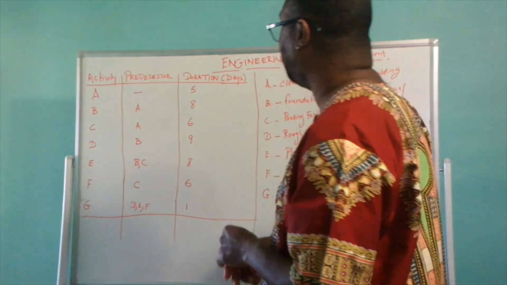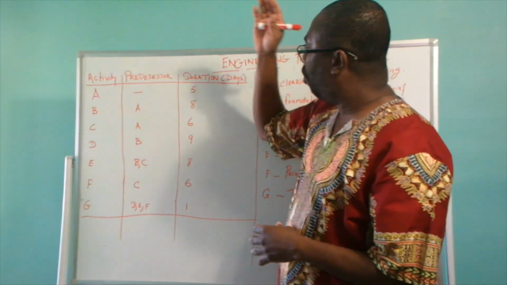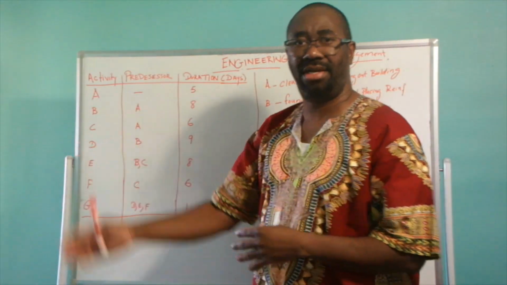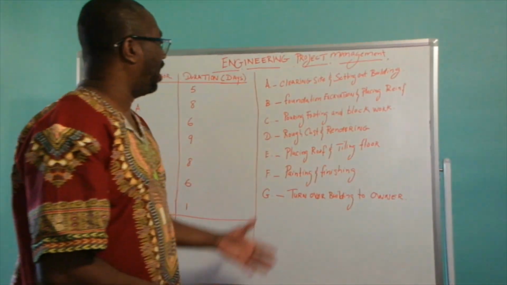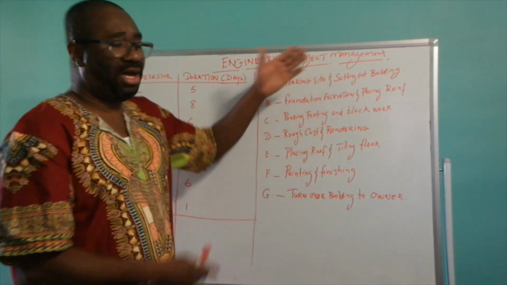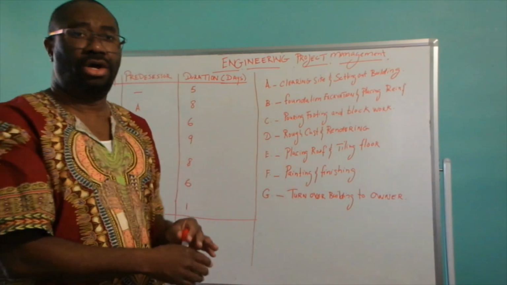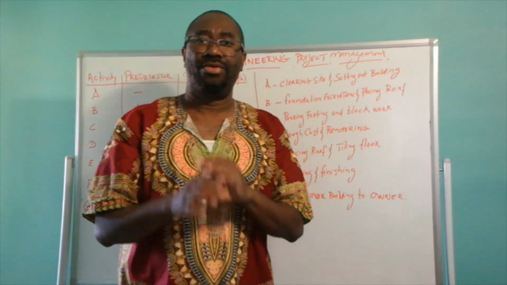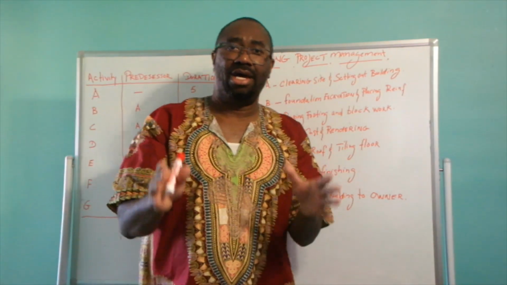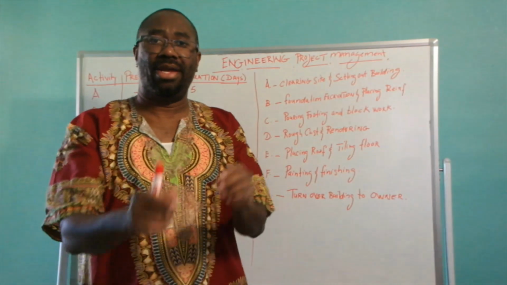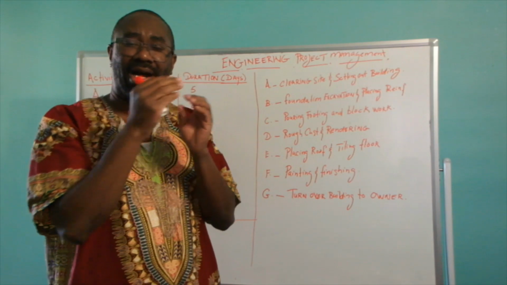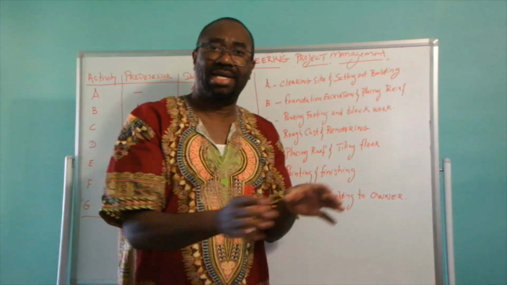So having gone over which activity precedes which activity, I have given you what the activity represent, activity A, B, C, D, through to E. I have gone through what they represent. So now I'm going to take you through the logic diagram, which we call the activity on the node, and we are going to calculate the maximum amount of time this project takes, and we're going to calculate the critical path of this project.